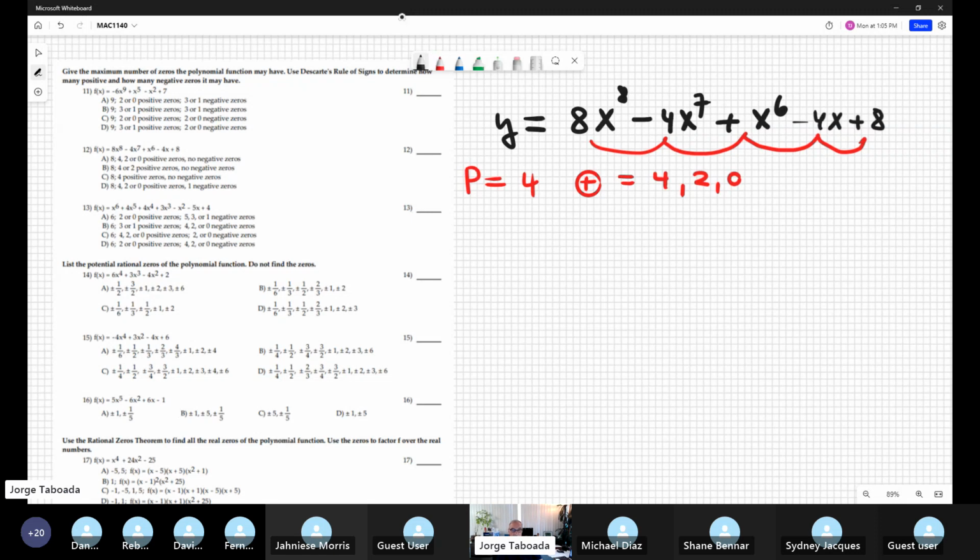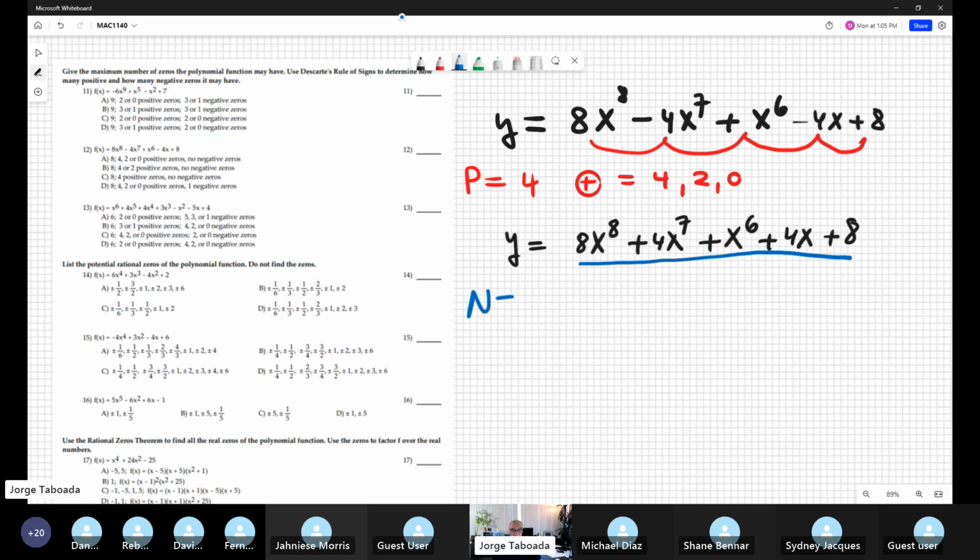Now you make a reflection. When you make a reflection, 8x to the 8 stays the same, 4x to the 7 changes, the 6 power stays the same because it's even, plus 4x changes, and 8 stays. Entonces you see, wow, no change of sign, sorry, n is 0.